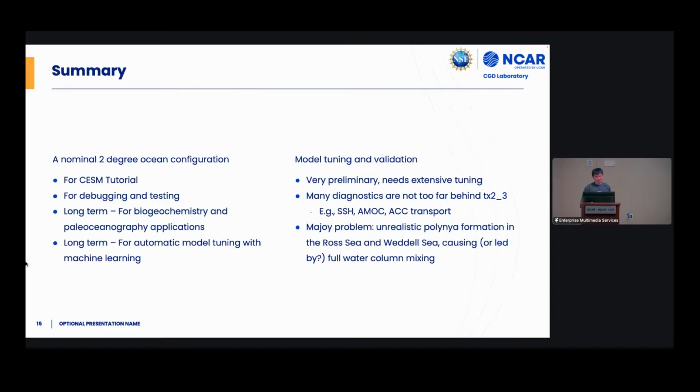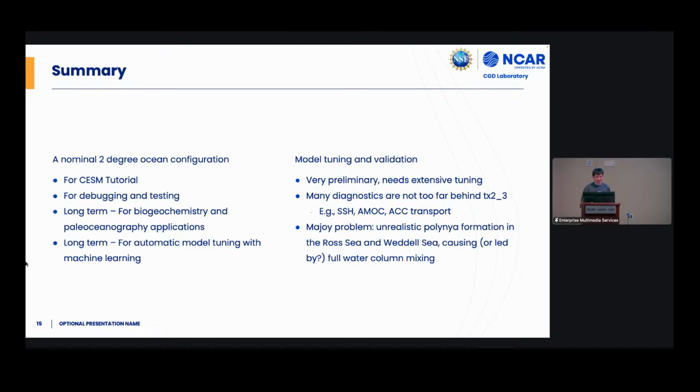So in summary, we developed this 2-degree model for the CESM tutorial, but we also hope that it will have the potential for model debugging and testing in the future.